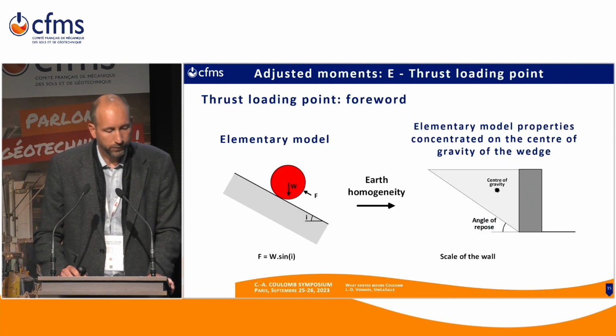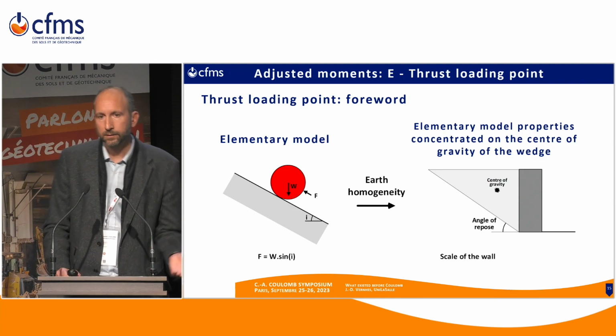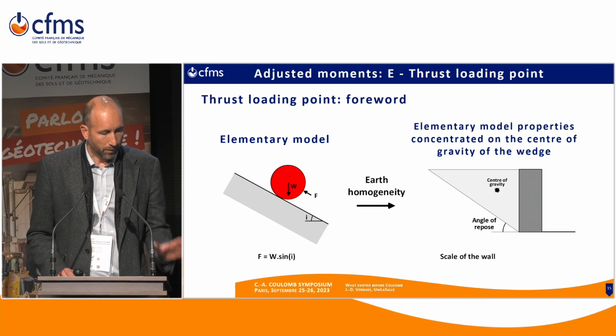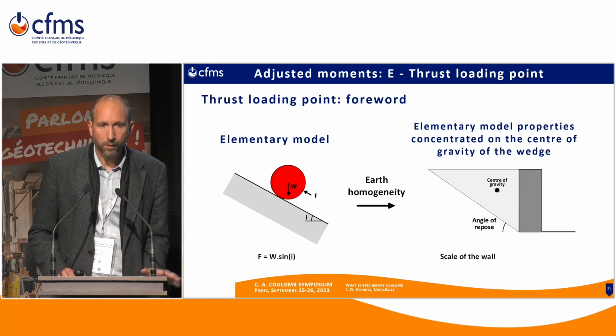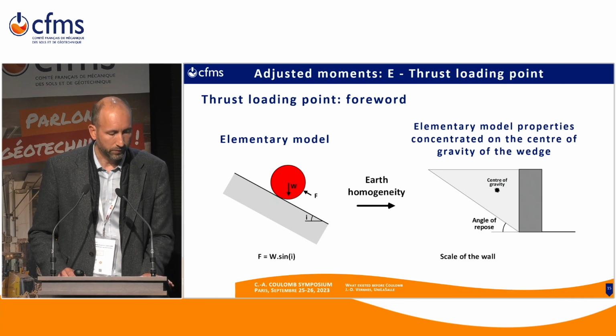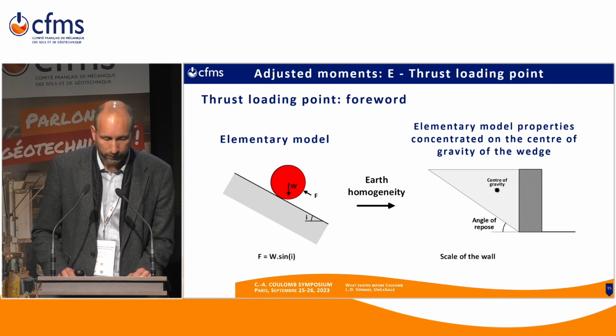Then to finish off with those main 5 parameters to analyze the theories, there is the question of the thrust loading point leading to the lever arm estimation. This needs a foreword. Because of Earth homogeneity, the elementary model properties can be concentrated on the center of gravity of the wedge.